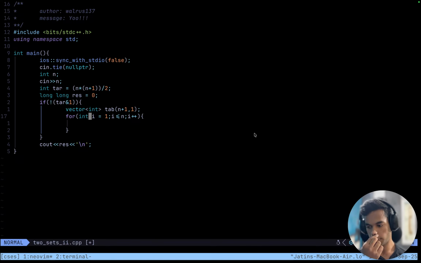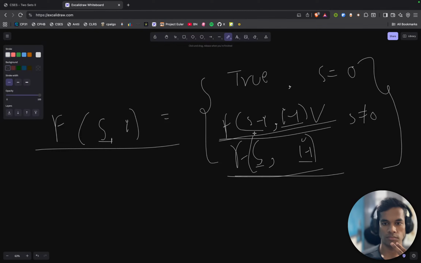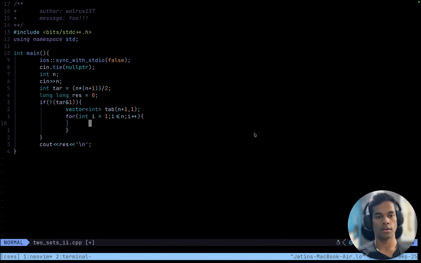And yep, when we are only using one coin, then what are the possible sums that we could reach? Okay, and then internally, the second loop, int s equals n.